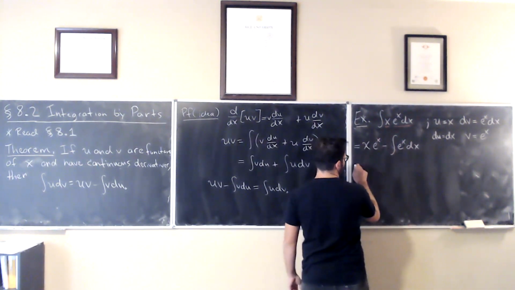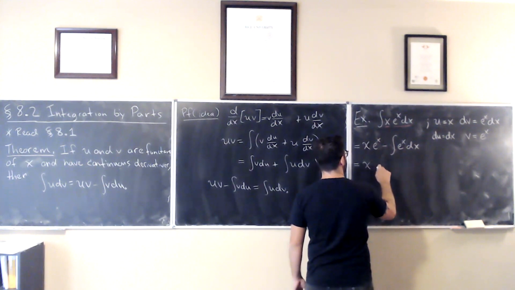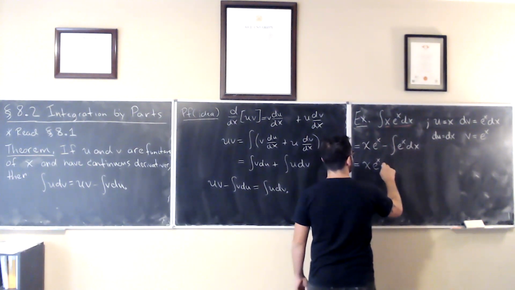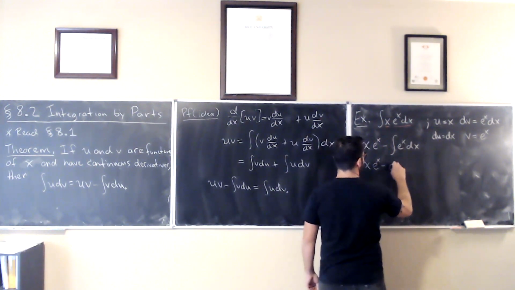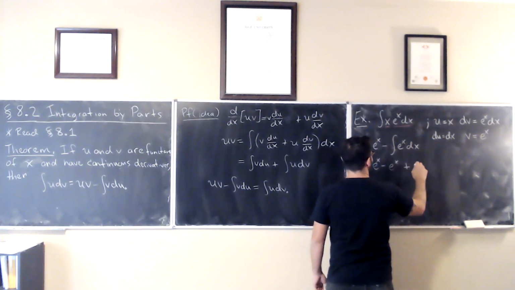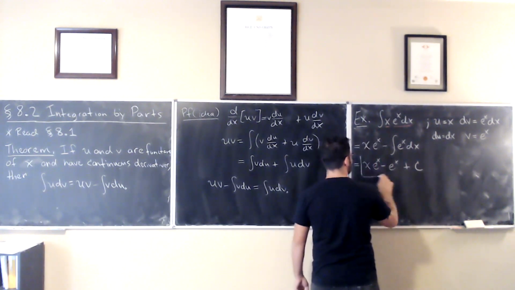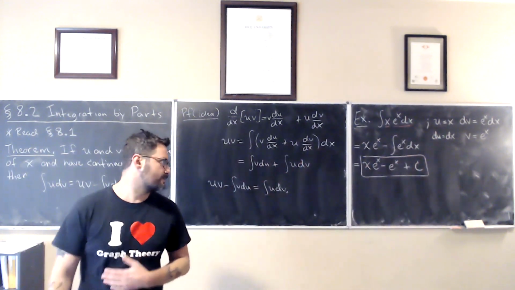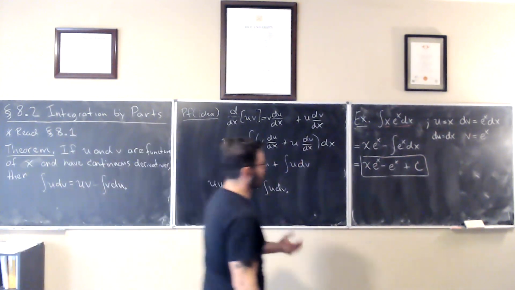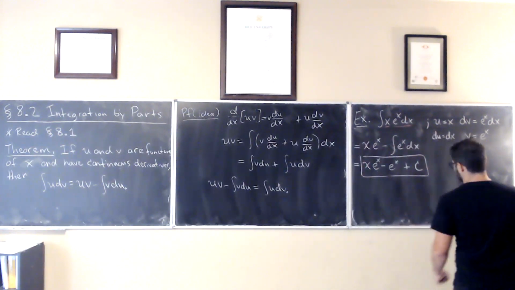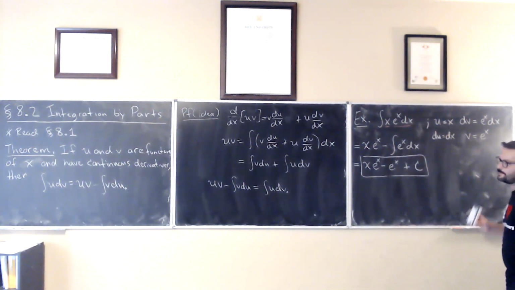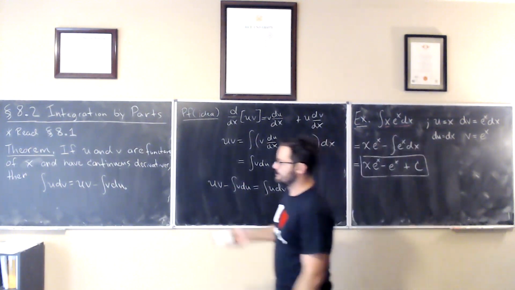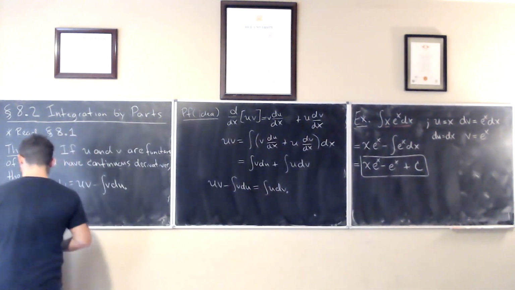That's just e to the power x, right? So then altogether, that's the answer. So hopefully that illustrated that this can simplify integrals that we wouldn't normally know how to deal with. Okay, so it's a very important, useful rule to know.